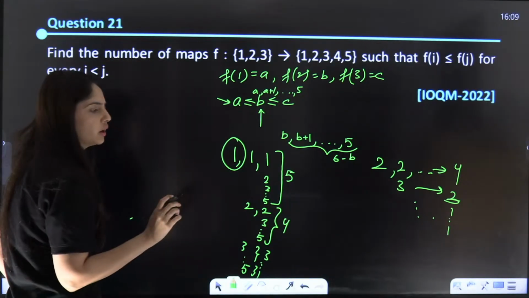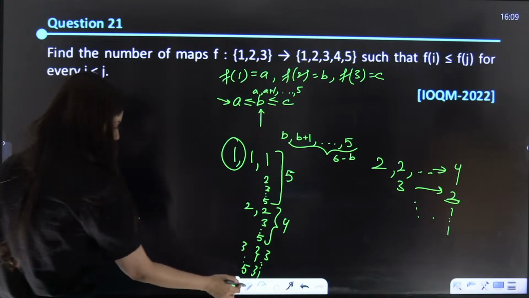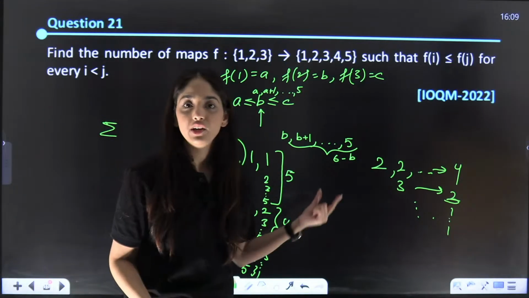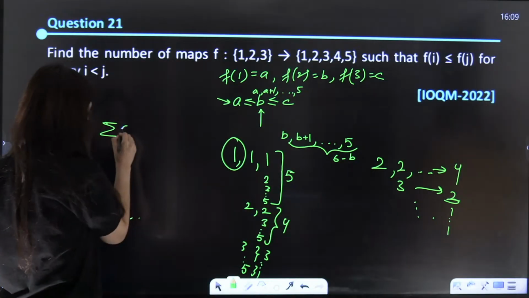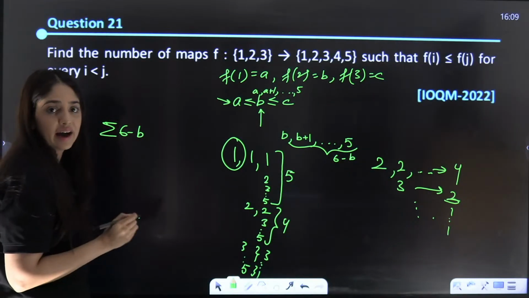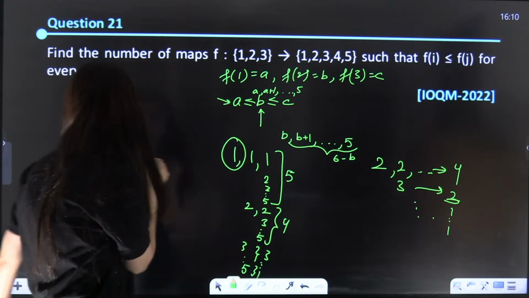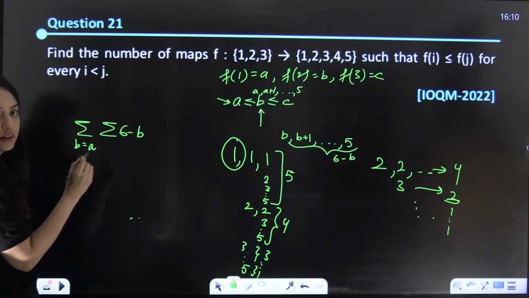So basically what we are doing is, how many options for C? 6 minus B, and B can go from A to 5.